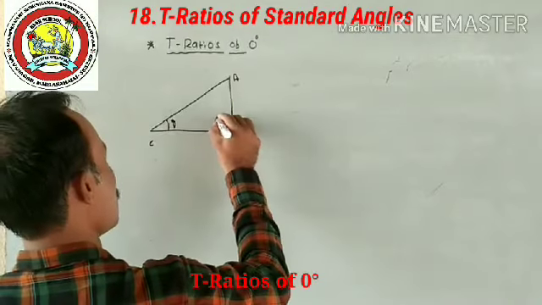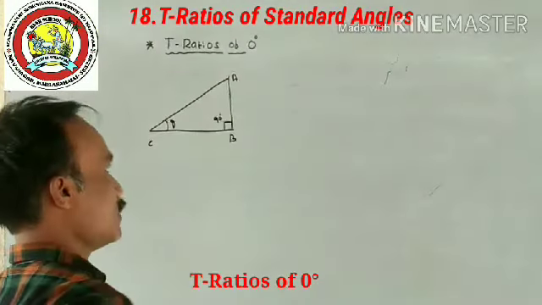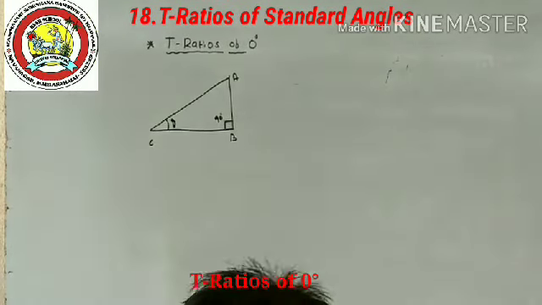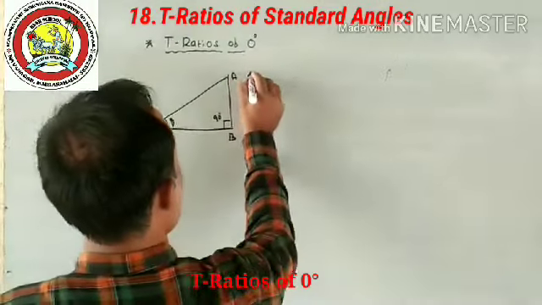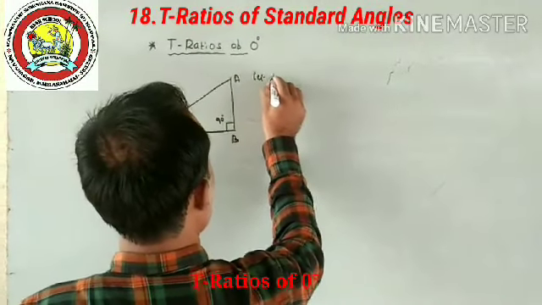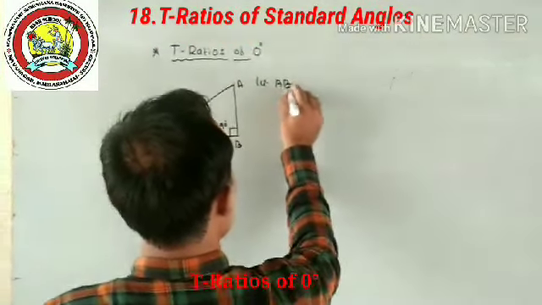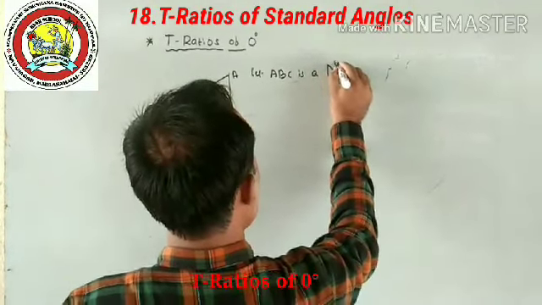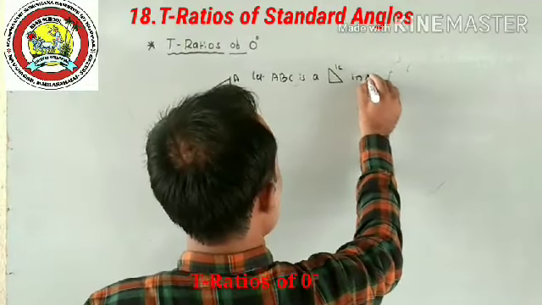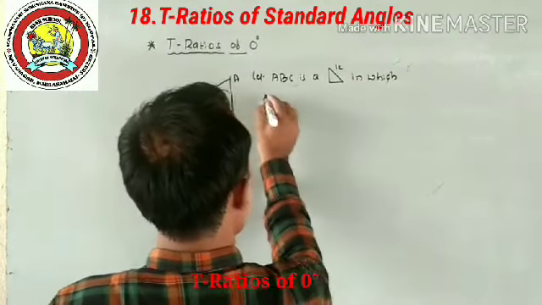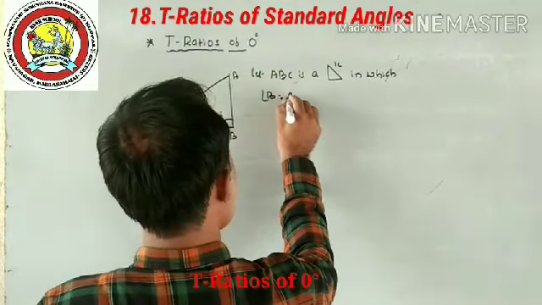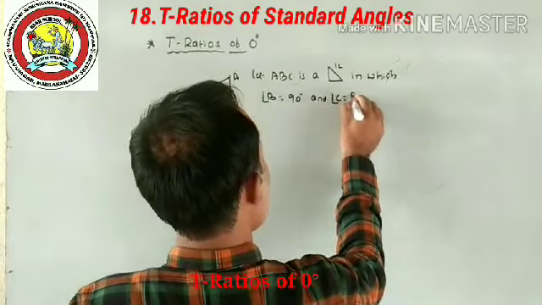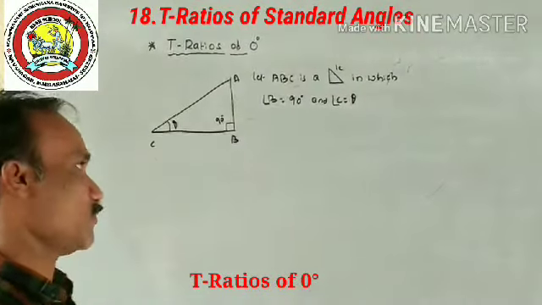B is 90 degrees, so this mark represents 90 degrees. ABC is a right angled triangle in which angle B is equal to 90 degrees and angle C, the acute angle, is denoted by theta.